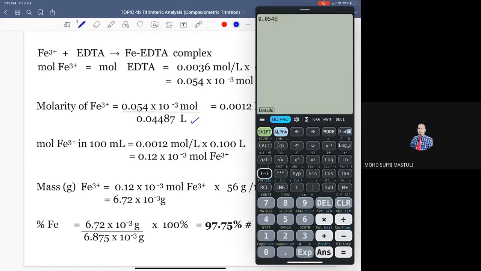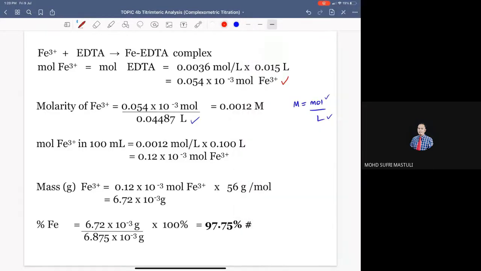So 0.084 milli divided by 0.004487. So you can get 0.0012 molar. Okay, so now this is the molarity for the 44.87 ml.